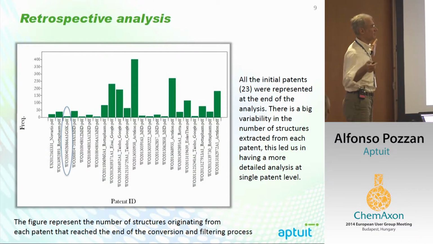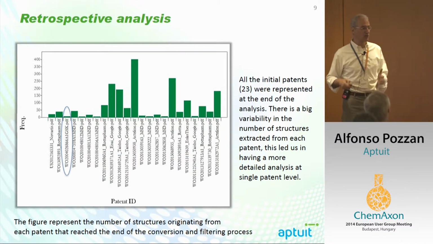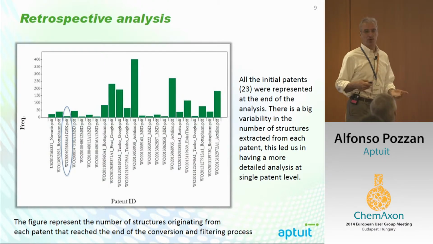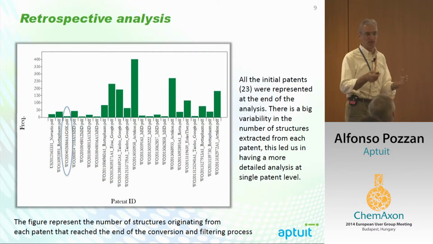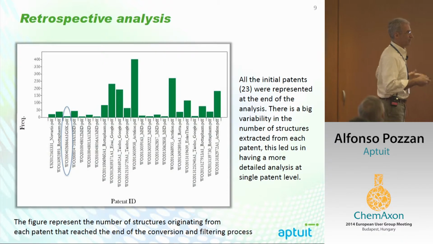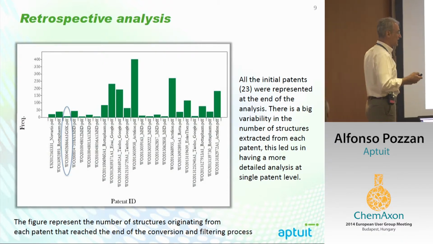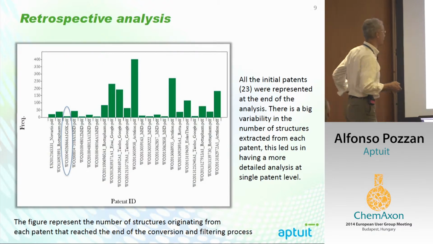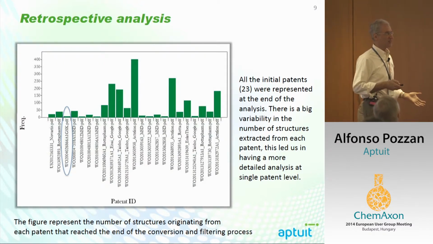And this, of course, can be because that particular patent exemplifies a lot of structures, or because there are problems like optical character recognition, or the quality of the PDF was not good enough to be recognized properly. And the bottleneck is both of these issues together.